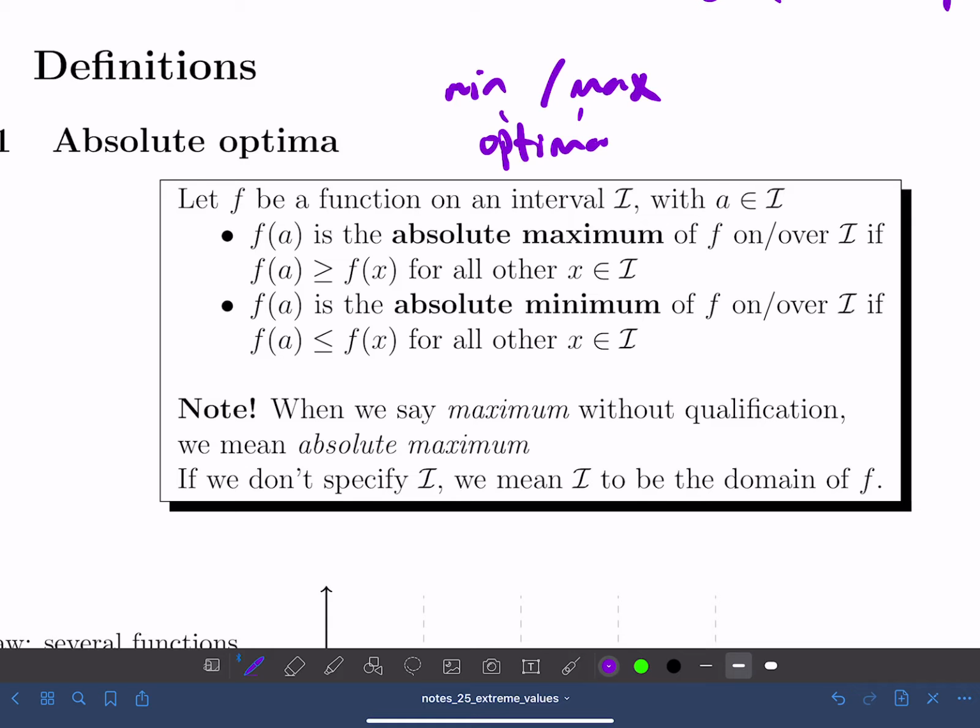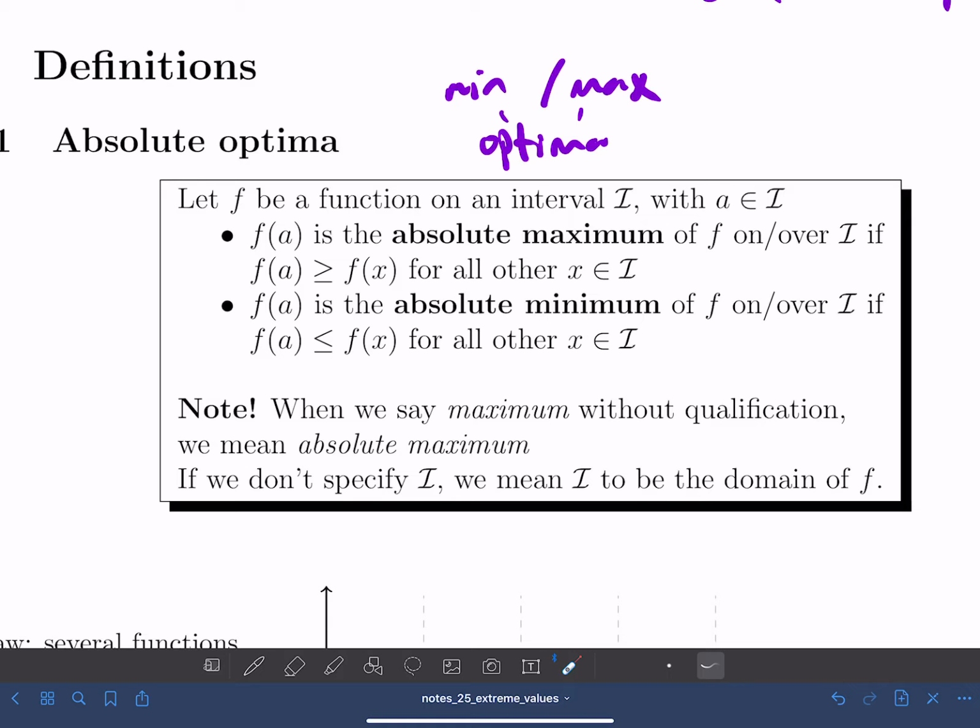So let's do a little setup. Let f be a function on an interval I, and let a live inside of I. So we're considering a point inside of an interval over which the function is defined.